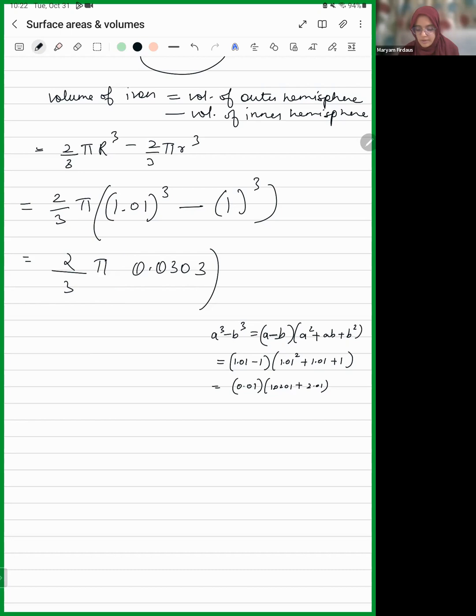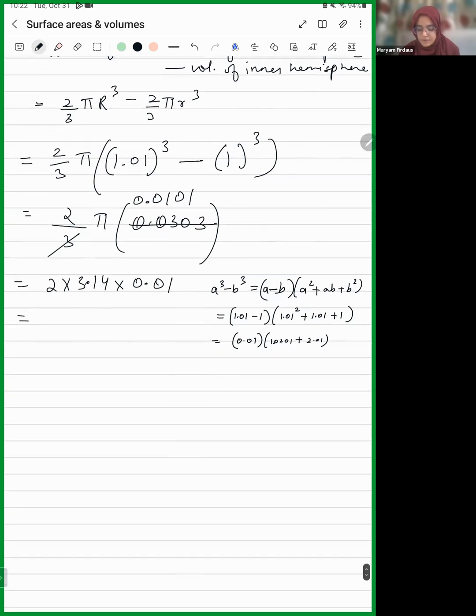Here, what we are going to have is 3 will get cancelled in this way, 0.0101. So this is going to be 2 into 3.14 into 0.1, I'm just going to write 0.1.